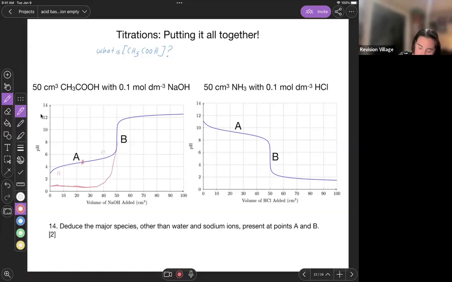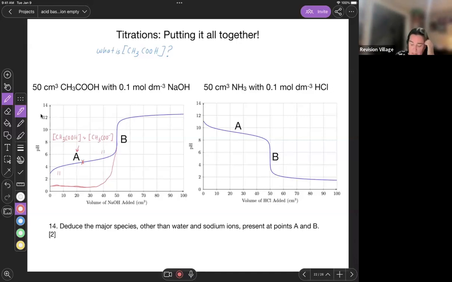And at that half equivalence point, I hope you said that you expected the concentration that mattered to be that of the weak acid and its conjugate base being more or less equal. So at point A, what we have in solution is approximately equal amounts of the weak acid and its conjugate base.